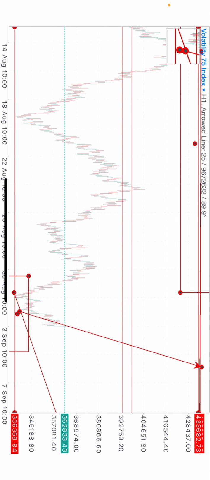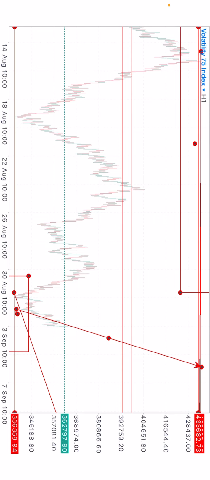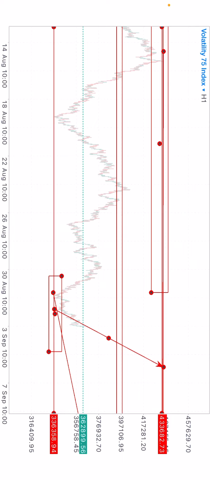Because we're coming from down here. So we're a little bit late on our entry. We should have entered down there because we had so many things confirming that, rather than at the point that we are at. But nonetheless, we still trade what we are seeing.